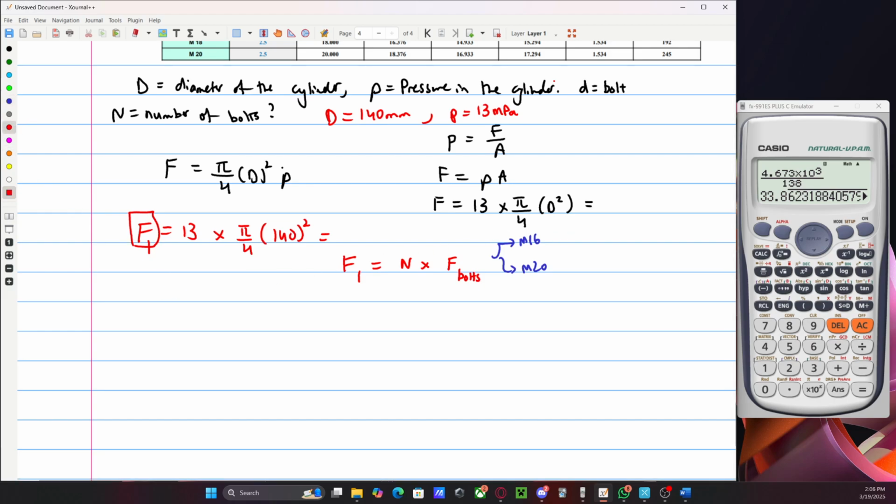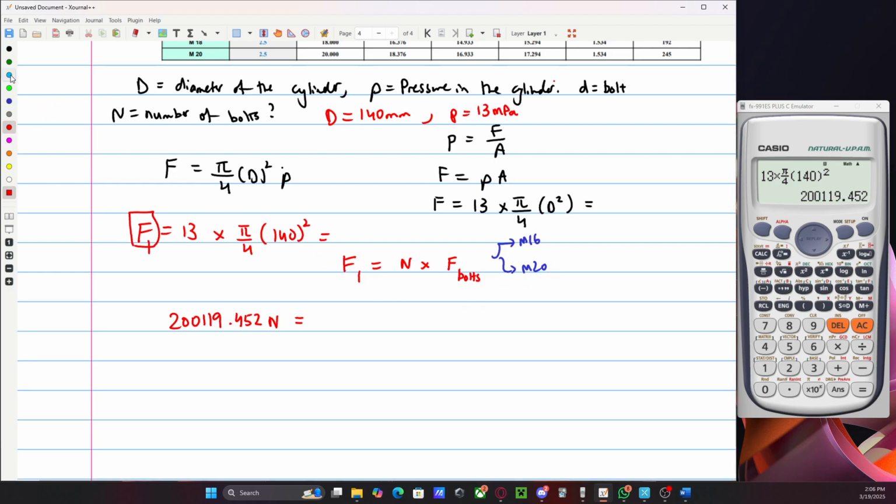So we're given 13, so let's put it in the calculator, 13 times pi over 4 times 140 squared. So we get 200,119.452 newtons. And this equals either M16 F bolts or M20.